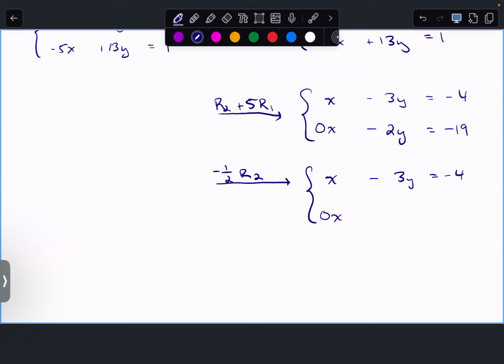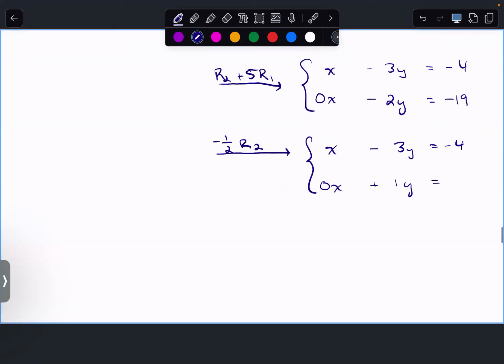You don't want to do a manipulation that turns your 0 into a number again because you did a lot of work to get there. So then -2 times -1/2 is 1y. -19 times -1/2 is 19/2.